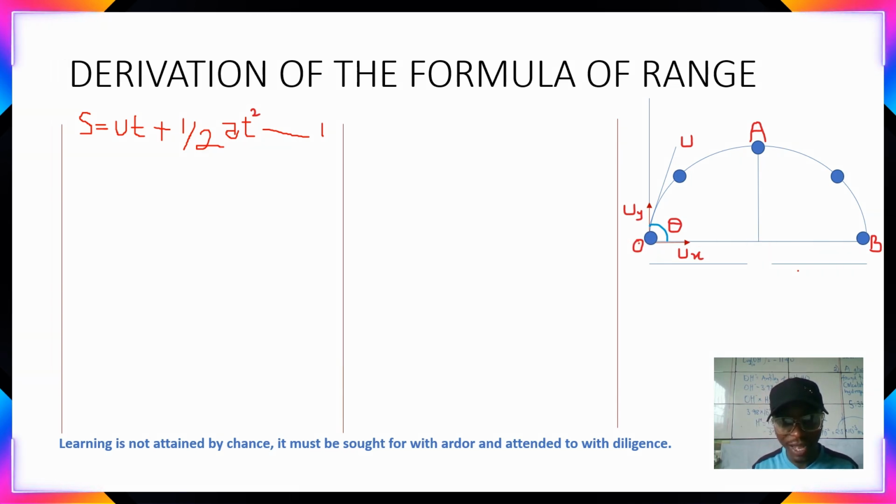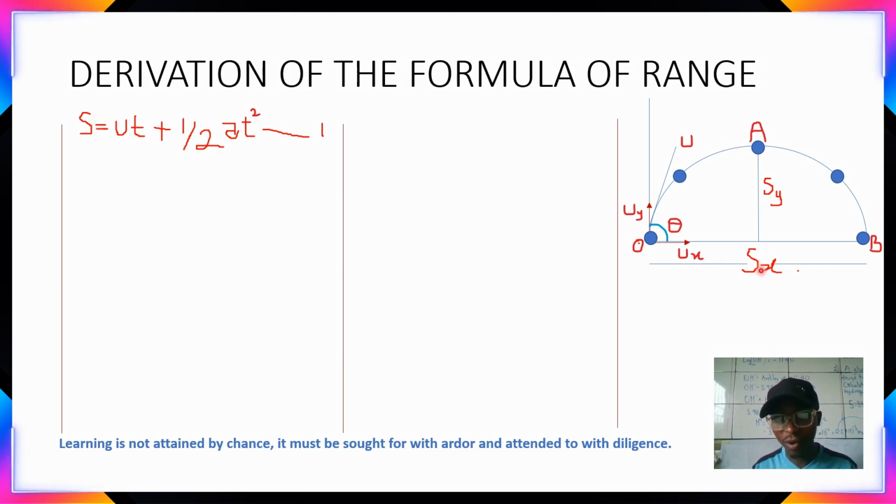So if we resolve that into vertical and horizontal components, this height will be our Sy, which is the distance along the vertical axis, and this OB will be Sx, which is the distance along the horizontal axis. So the resultant of this Sy and Sx is actually this S.